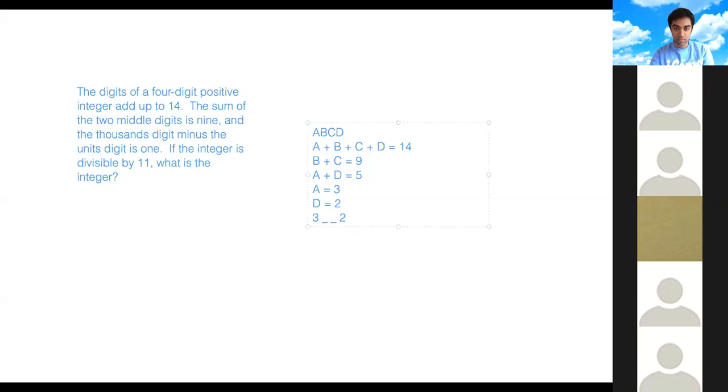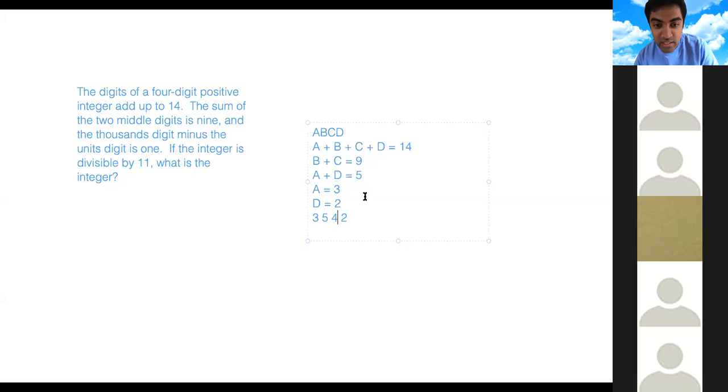If you already have a 3 and a 2 there, 5 are taken, so there's 4 more, and the only multiple of 11 whose digits add up to 4 is 22. So you just add 22 to that, and it becomes 3542.